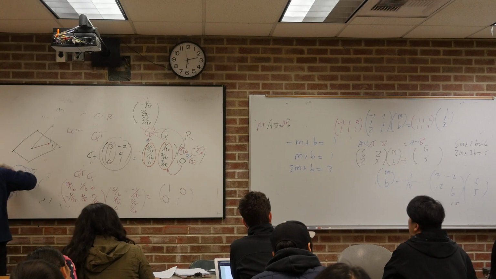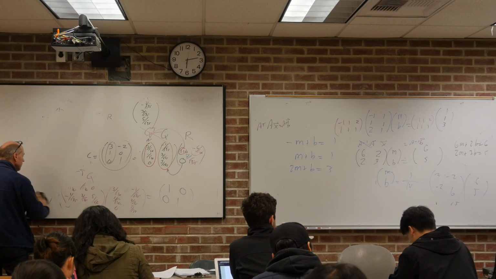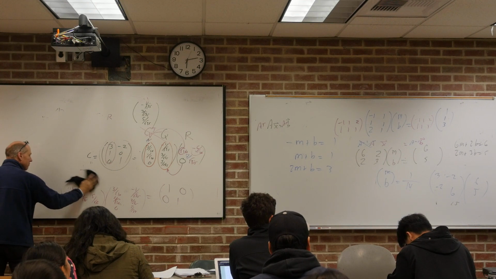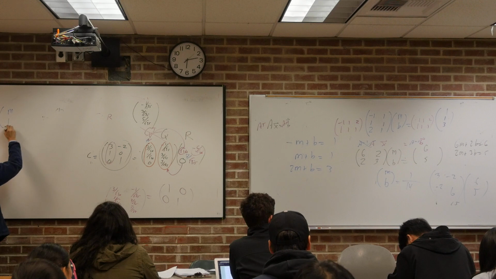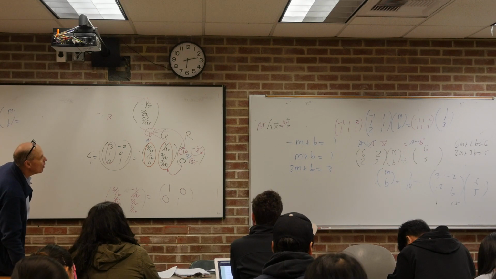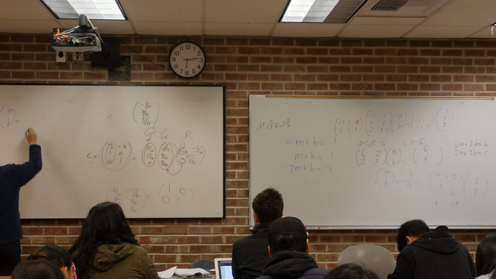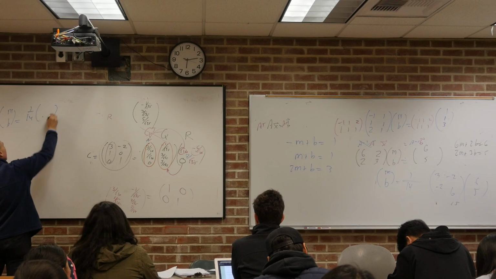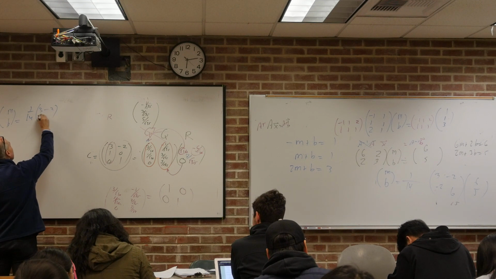So if I want the solution to this, one over 14, that's 3, negative 2.